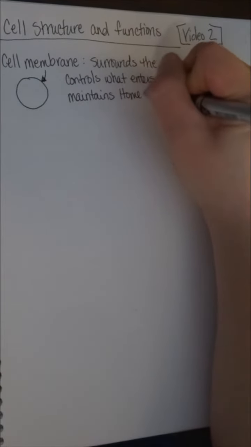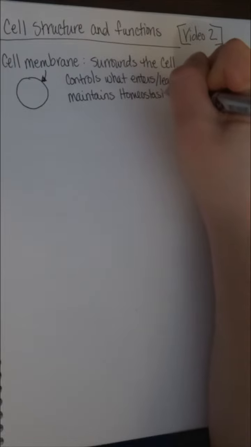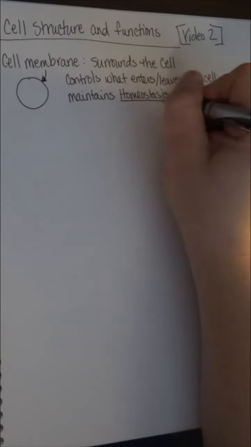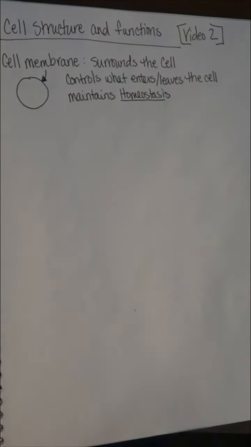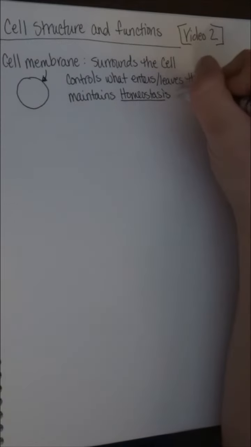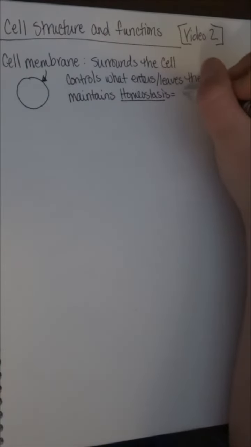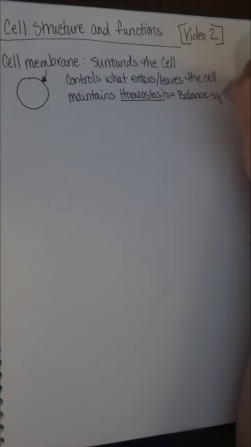Okay, so now I did say it maintains homeostasis, which is absolutely true. So we need to also make sure we know that it maintains homeostasis. And homeostasis, if you guys remember from class, if you're new here, hi, homeostasis is what keeps our cell balanced. So this is our balance system.